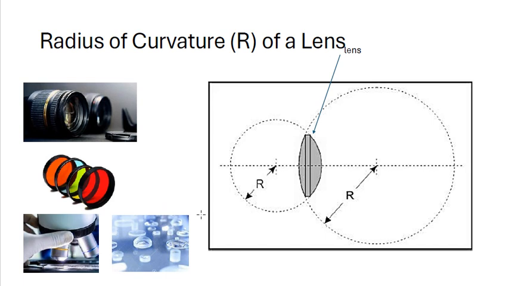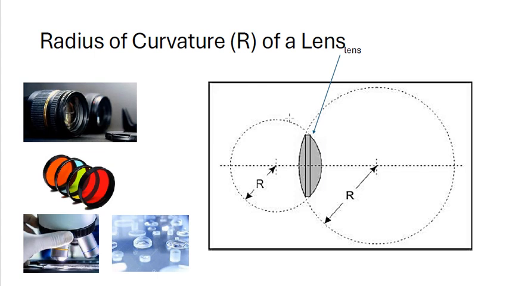And here are some examples of lenses: your camera lens and your lab lens. Then of course there's your microscope lens, and your choice lens outside to see the different colors, lights. And this is your example showing you where the radius of curvature of a lens is.